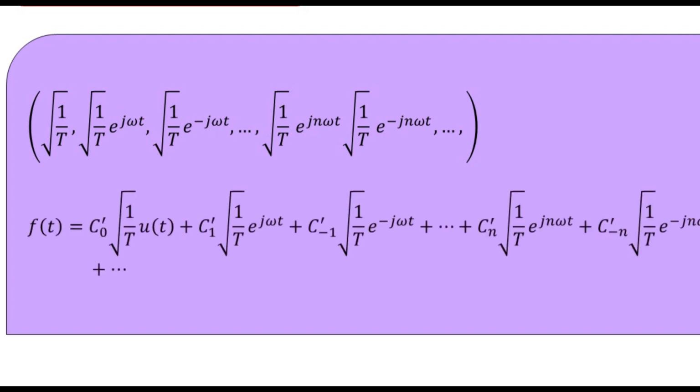be of this form, where we write c suffix 0 dash multiplied by square root of 1 by capital T, u of t.